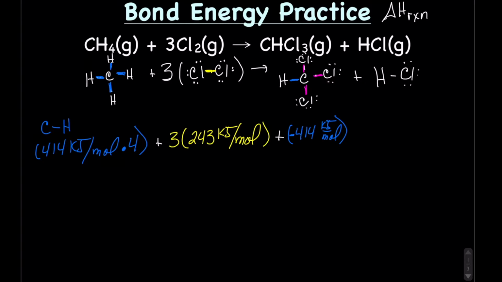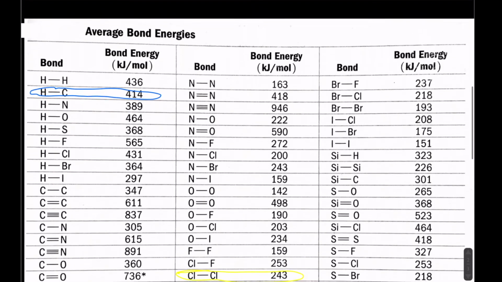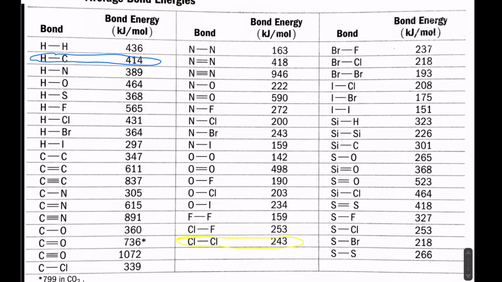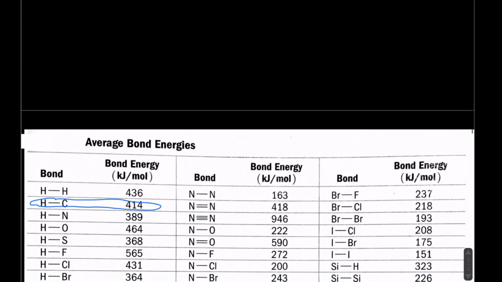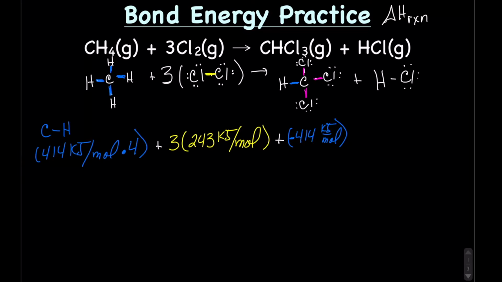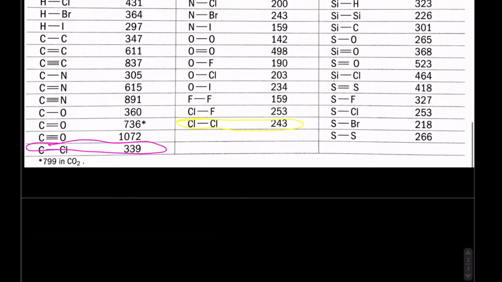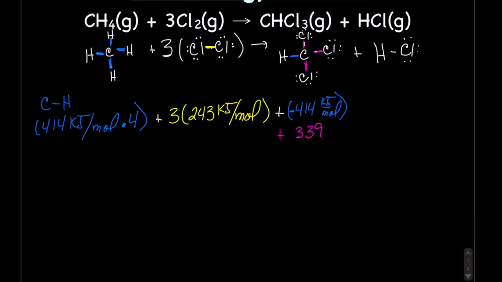So we need to look that up. C-Cl right here. It's 339 kilojoules per mole. So in the same molecule, we also have 339 kilojoules per mole. And again, this is a product. We're making bonds, which means we're releasing energy.